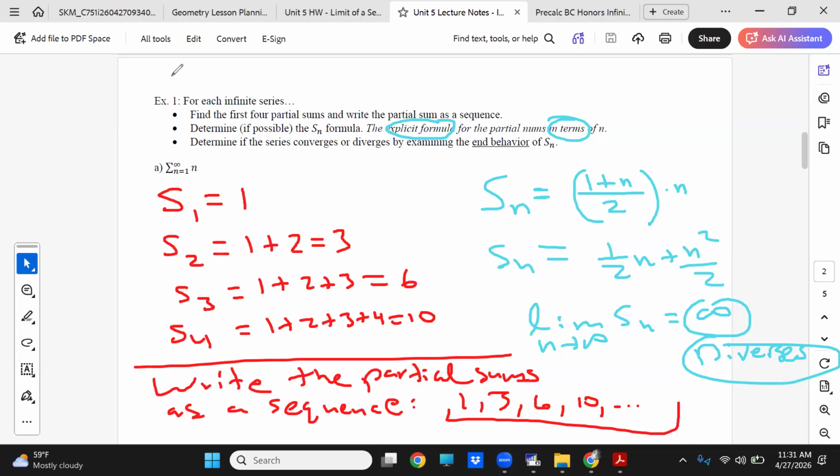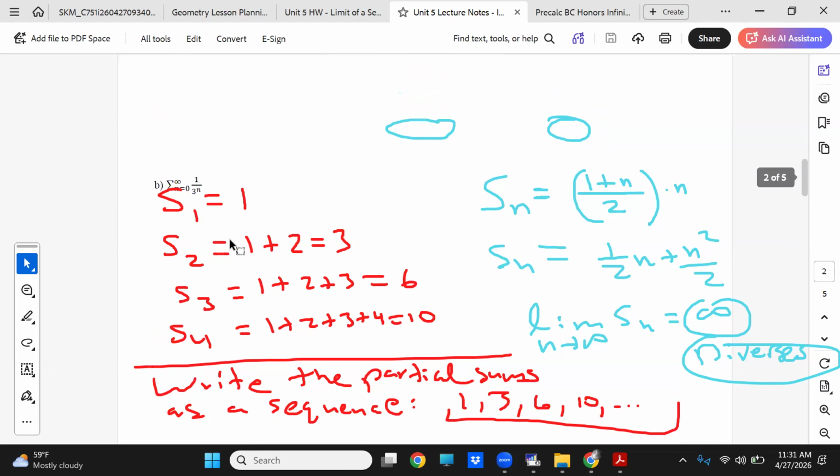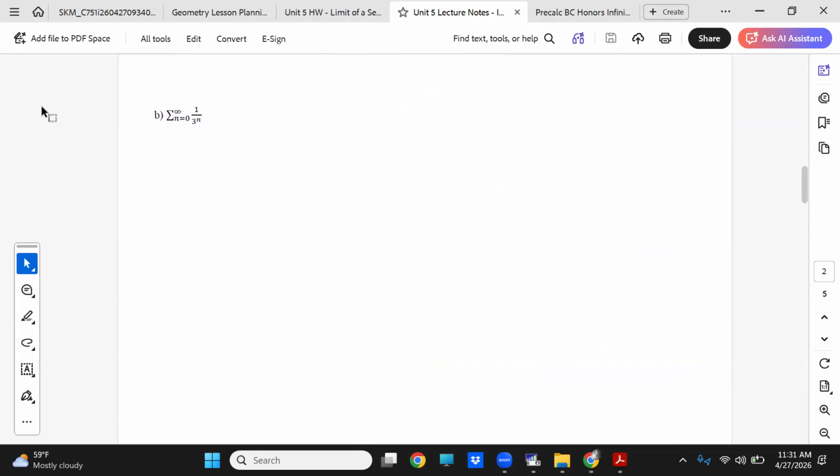For part B, let's do the first term. It's a little confusing because it starts at, I'll write this as S0, S1, S2, S3. So obviously that's going to be 1/3. What's the next one going to be? 1/3 plus... wait, that's dumb.